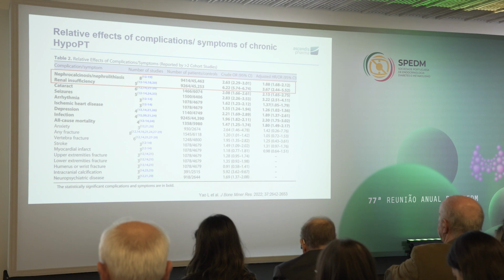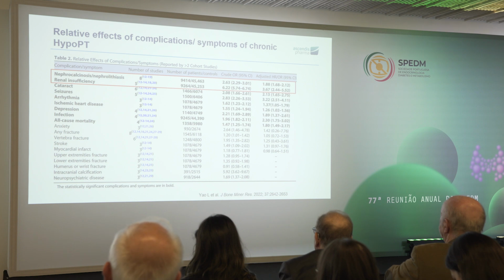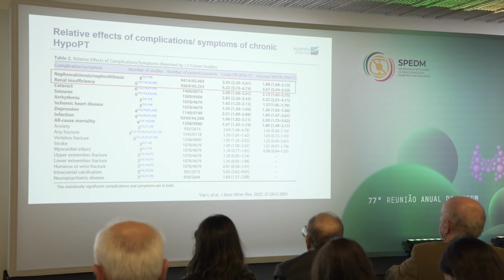This was a meta-analysis that looked into the relative effects of complications and symptoms of chronic hypoparathyroidism. And you can appreciate that the renal aspect and the chronic renal complications are very prominent in this disease.